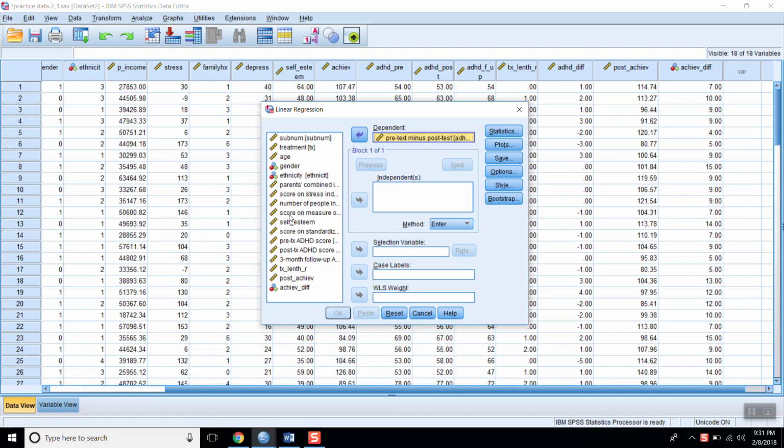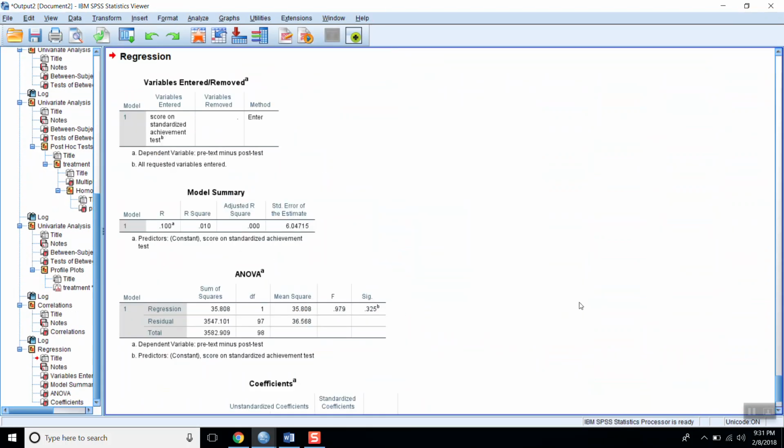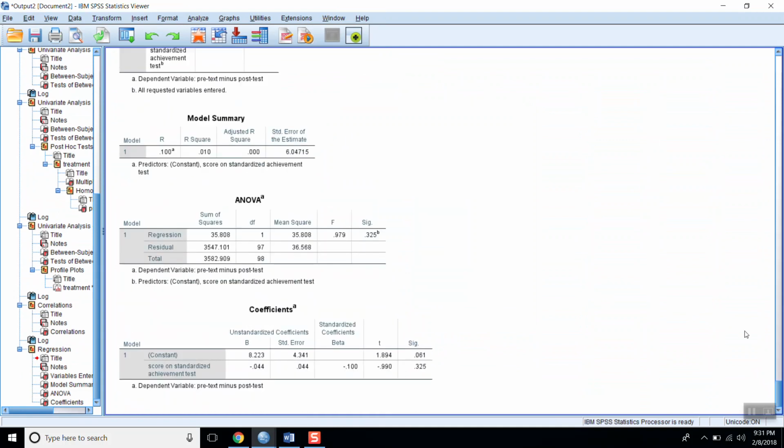Good. Pre-treatment achievement. And that should be it. Okay. Why not go down? There we go. Okay. Good. So is it predictive?